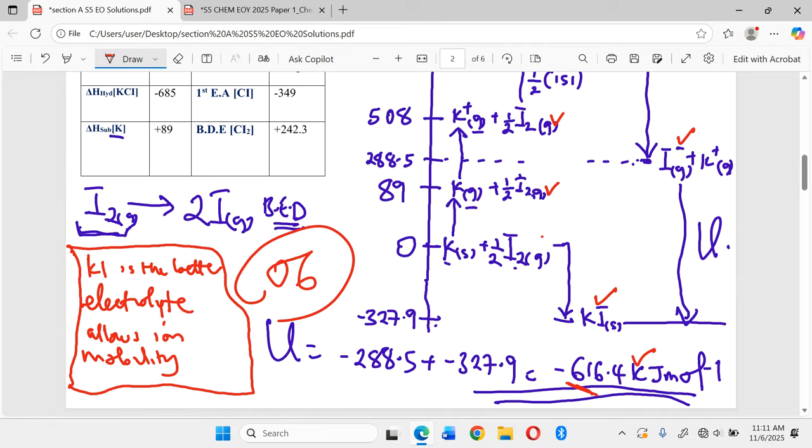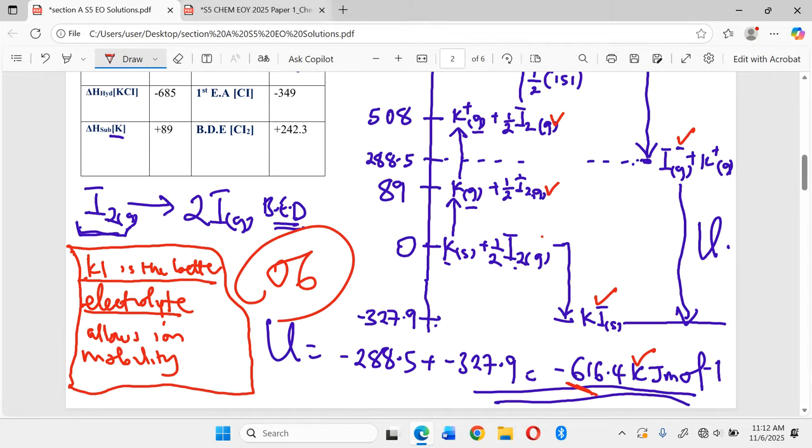Or since we are looking at something which is soluble, a substance which has a lower lattice energy ionizes more completely in solution, which means it is more soluble compared to the one with the higher lattice energy. So that's how we could explain this: potassium iodide is a better electrolyte because of its lower lattice energy that allows it to ionize more completely in the solution.